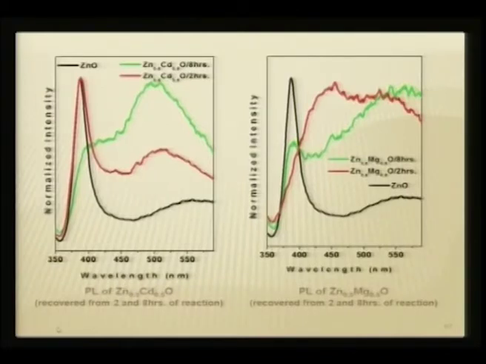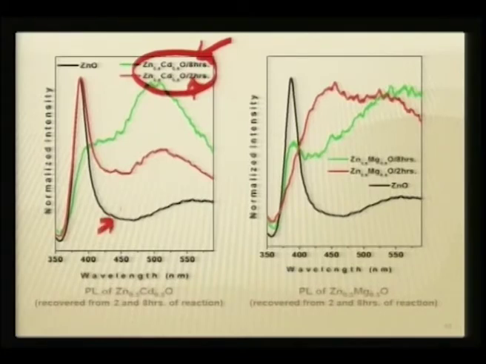If you take the 2 hour and 8 hour synthesized ones, which obviously this one shows no cadmium hydroxide impurity, whereas in this case it shows hydroxide impurity, you can clearly see this is your zinc oxide, and with more and more exposure to polyol, the defect induced emission is dominating compared to the band to band edge emission. So this clearly proves that the surface of your zinc oxide rods is very critical, and the same is true for the magnesium doped ones.